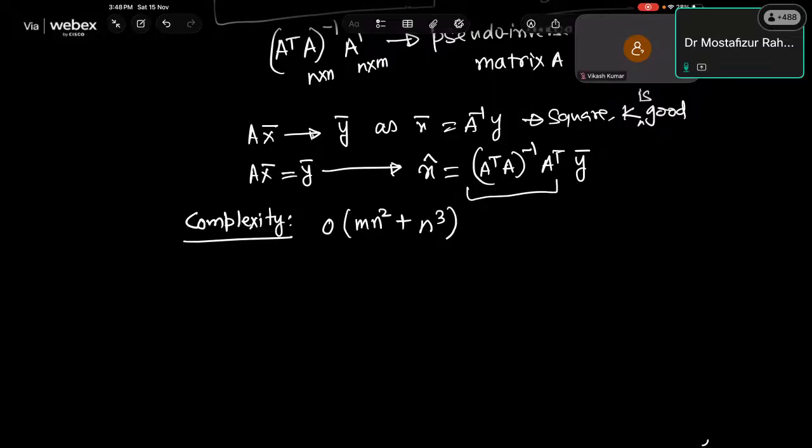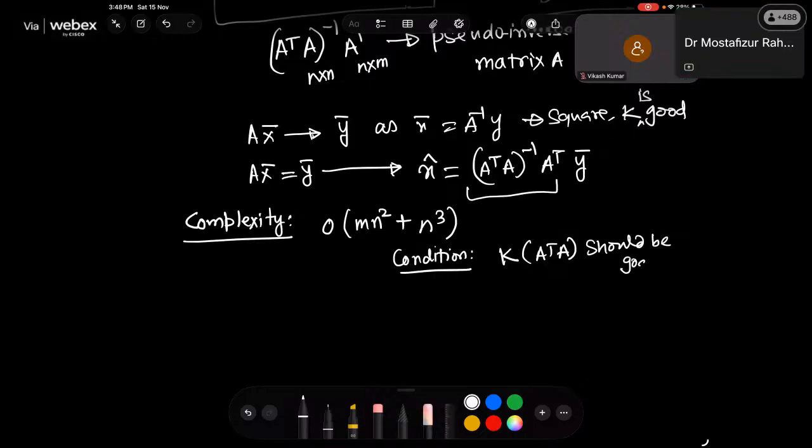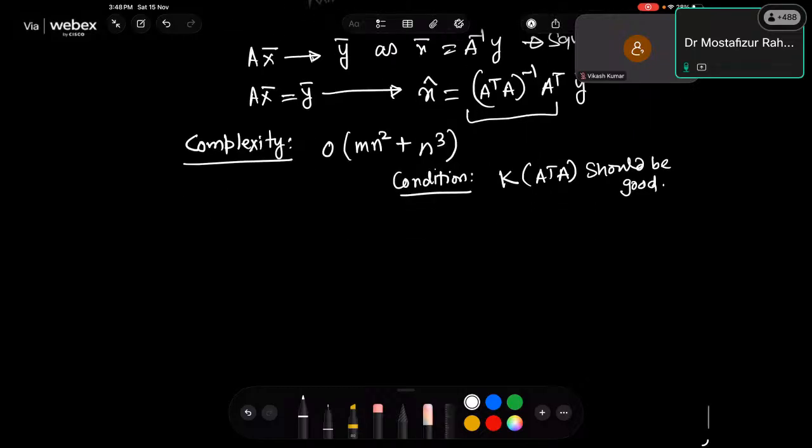The condition for this method to work is that the condition number of A transpose A has to be good. If kappa is bad, then this least squares method does not work well, right?